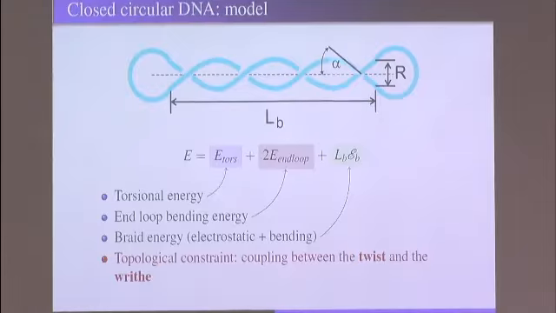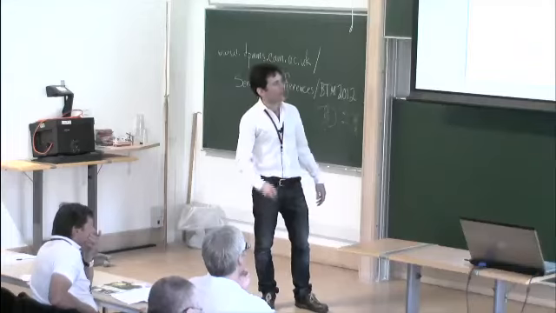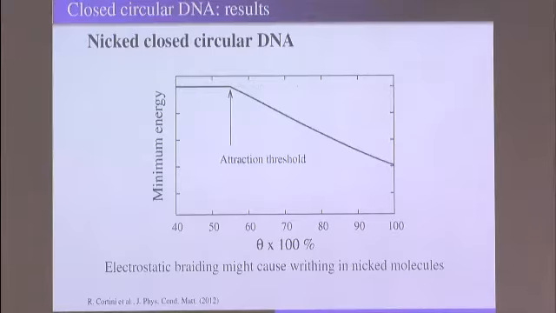So the first result I want to show you is actually for a simpler case of nicked molecules, in which the closed circular DNA can adopt any conformation it would like at no torsional energy cost. And it's similar to the case of what happens for free braids.